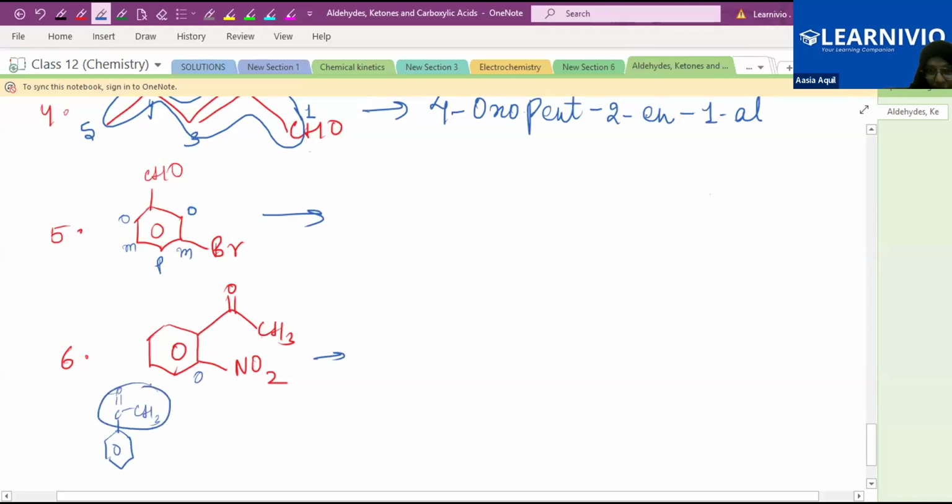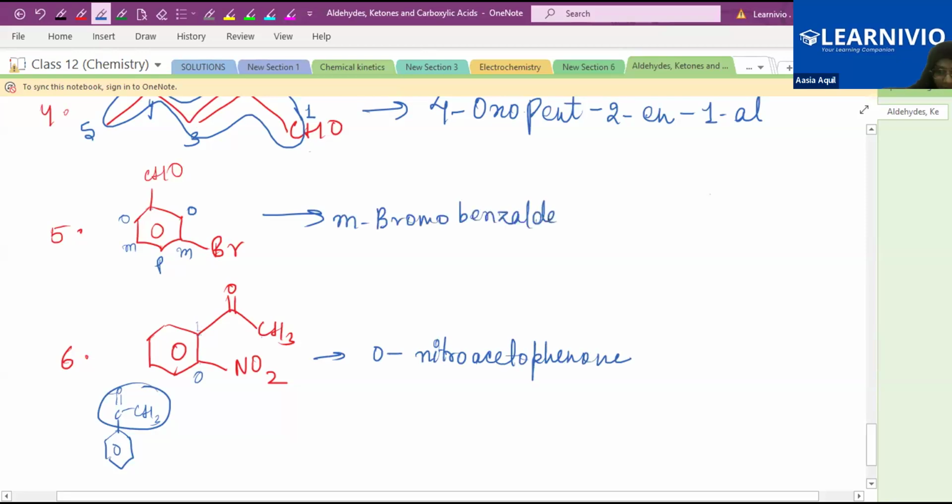This whole compound is known as acetophenone. On the ortho position, suppose this is the first position, the nitro group, NO2, is attached. So what will be the name? Ortho-nitroacetophenone. That's the IUPAC name. And this one is meta-bromobenzaldehyde.